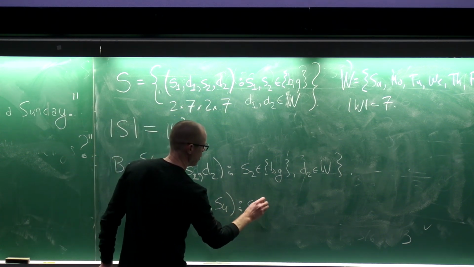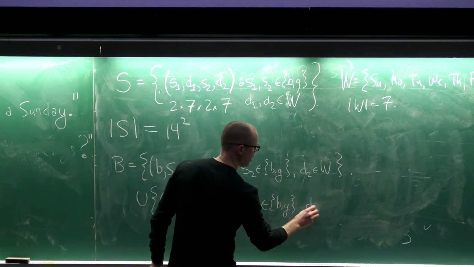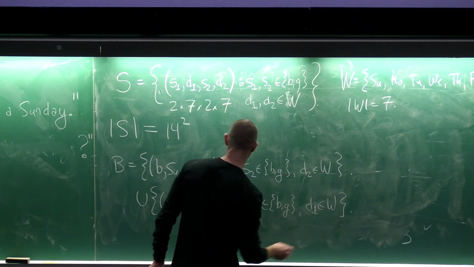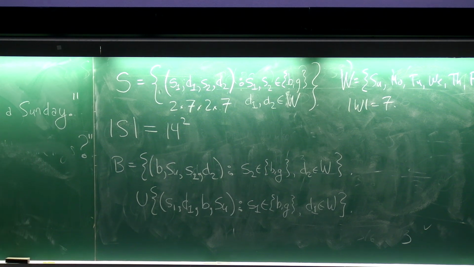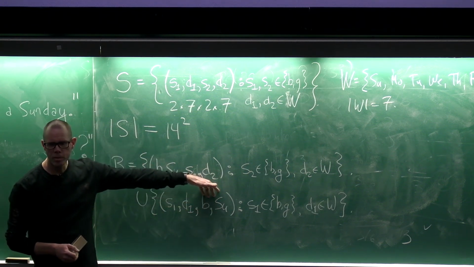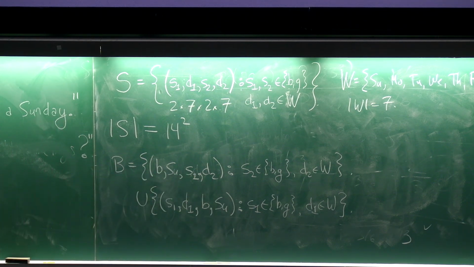And that's for any sex of that first child being a boy or a girl, and any day of the week of that first child being in W. So that's the set B. It consists of everything where the first child was a boy born on a Sunday, and everything where the second child was a boy born on a Sunday. So you agree? When I tell you one of his children was a boy born on a Sunday, that means it comes from this set, the union of these two sets.